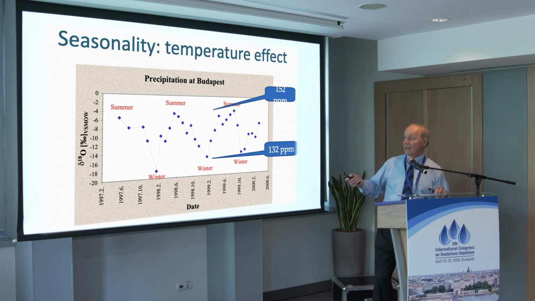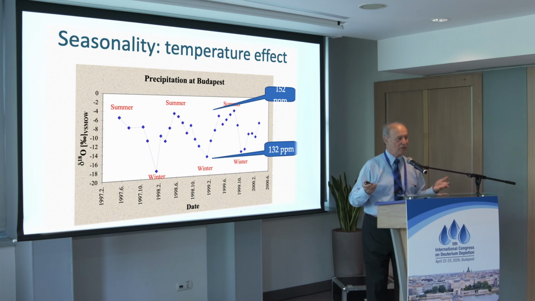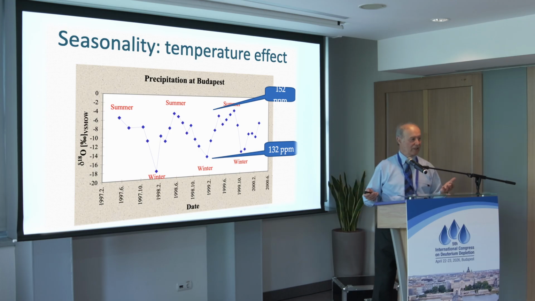In summer, the deuterium content is 152 ppm, while in winter time, when there is snow and it is very cool, the deuterium content is 132 ppm. That is a 20 ppm difference. So if you could collect the snow in winter time, you could get a deuterium-depleted water.